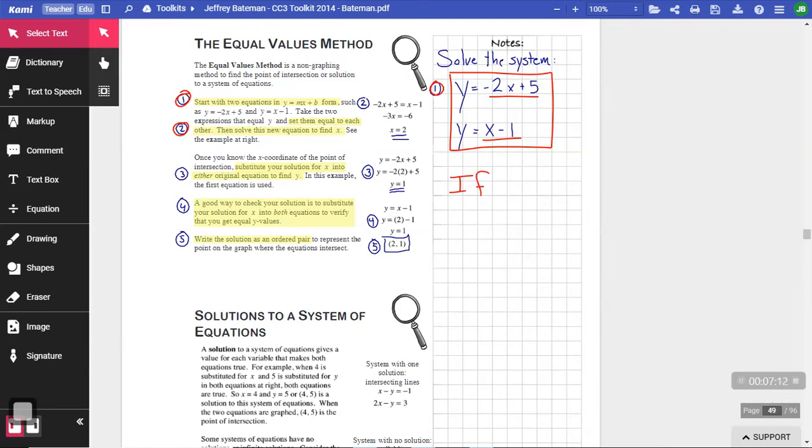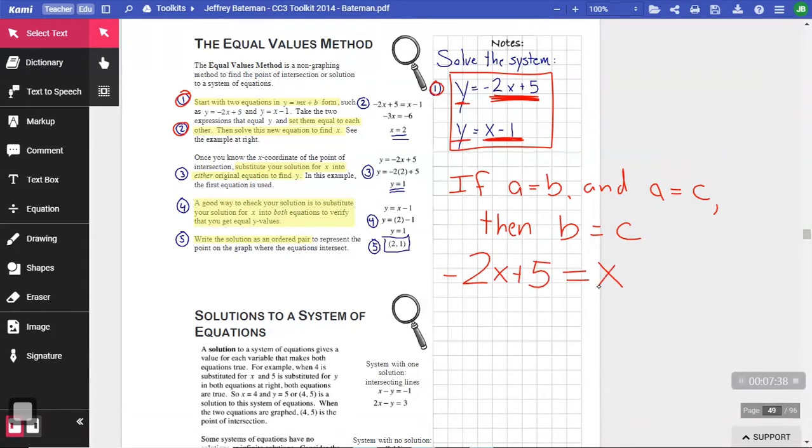The transitive property of equality says if A equals B and A equals C, then B must equal C. Basically, if negative 2x plus 5 is equal to y, and x minus 1 is equal to y, well then negative 2x plus 5 must equal x minus 1. That's what we're doing here.